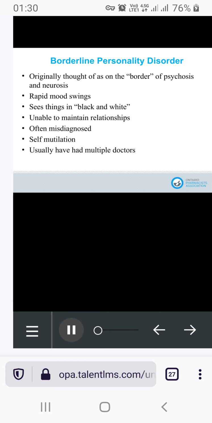Borderline personality disorder, originally thought of as on the border of psychosis and neurosis: rapid mood swings, seeing things in black and white, unable to maintain relationships, often misdiagnosed, self-mutilation, usually having had multiple doctors.